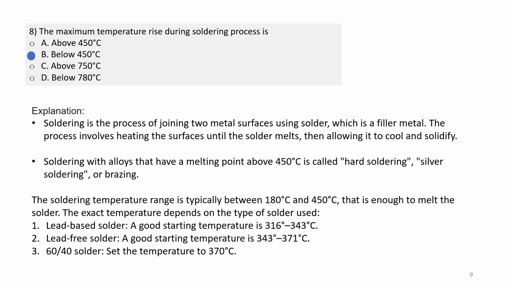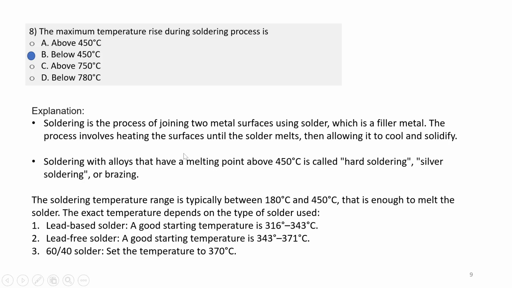Soldering is a process of joining two metal surfaces using solder, which is a filler metal. The process involves heating the surfaces until the solder melts, and then it is allowed to cool and solidify.